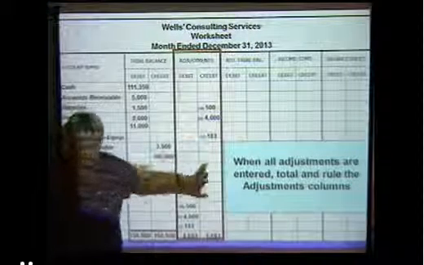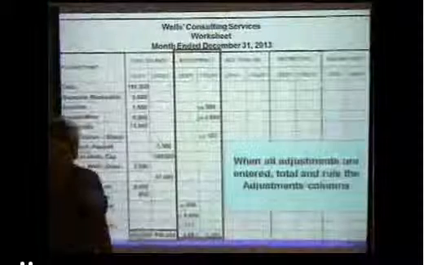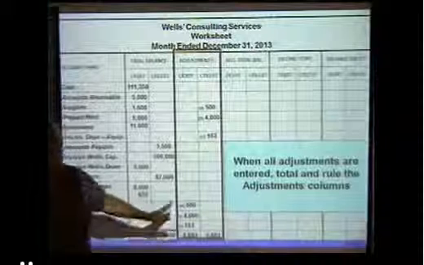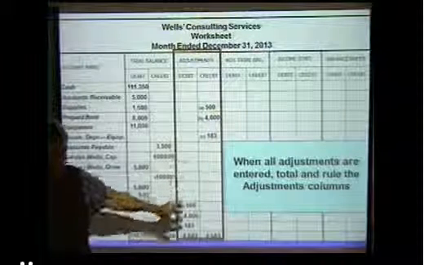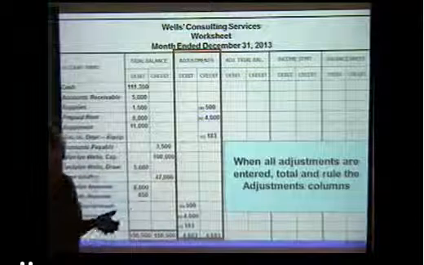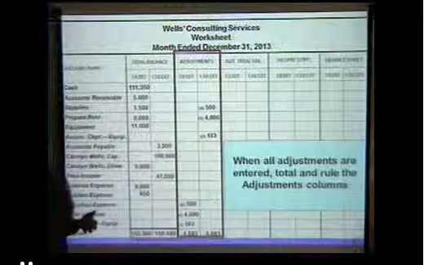We add up both the debit column and the credit column. I hope they match, or go back and check. Double line it, we're done with that part. So we've done all of our adjustments and we're ready to go to the next column.